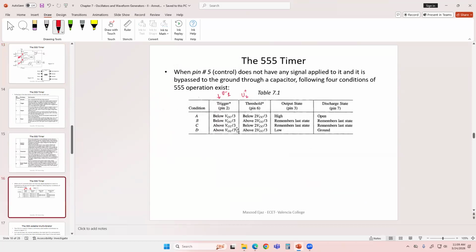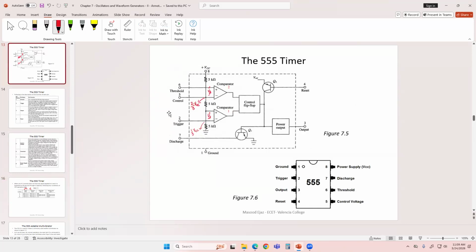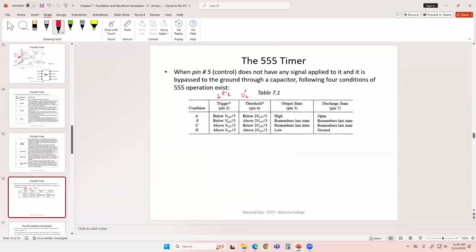That's what you see here, 2/3 of VCC and 1/3 of VCC. Basically, pin number 6 and pin number 2 are compared against 2/3 of VCC and 1/3 of VCC in order to change the states.